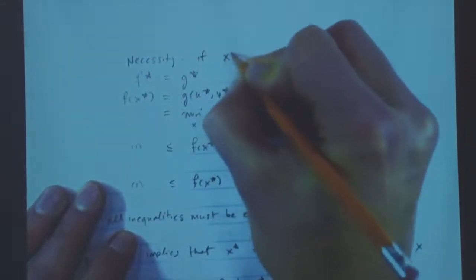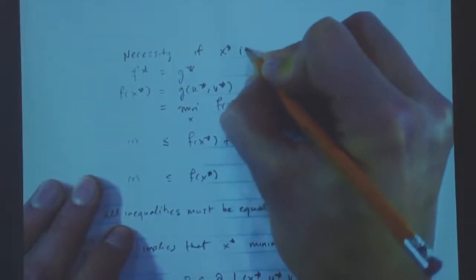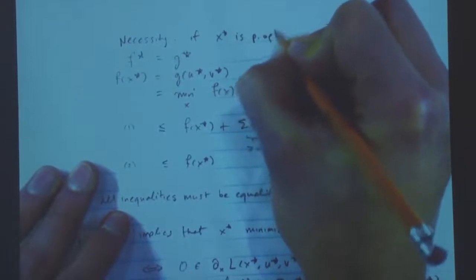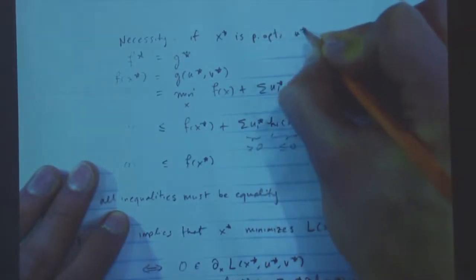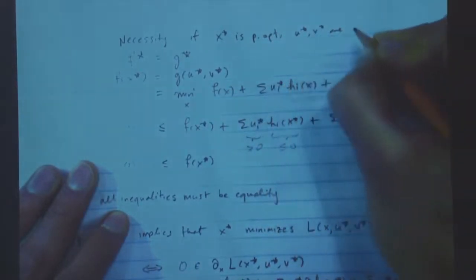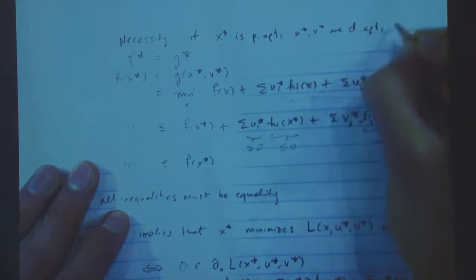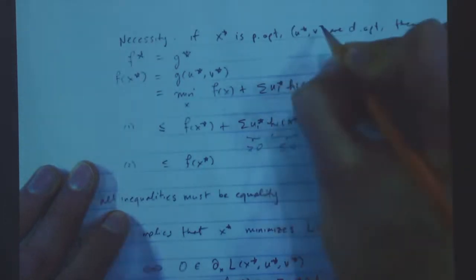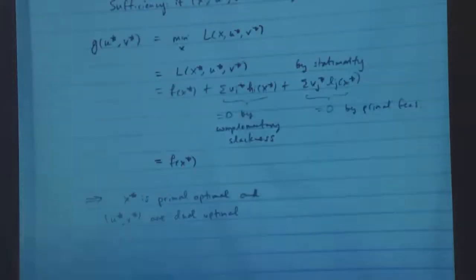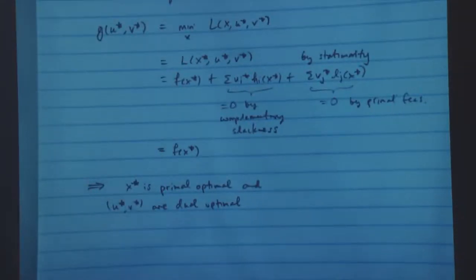Just to be clear, this was necessity, which means that we are assuming that if x star is primal optimal and u star, v star are dual optimal, then the following stuff holds.